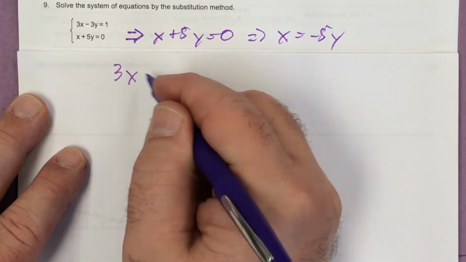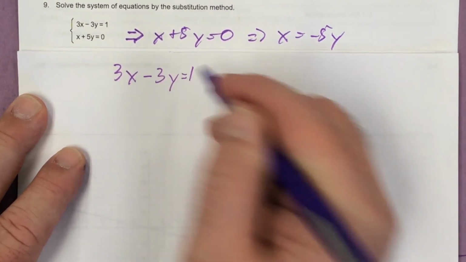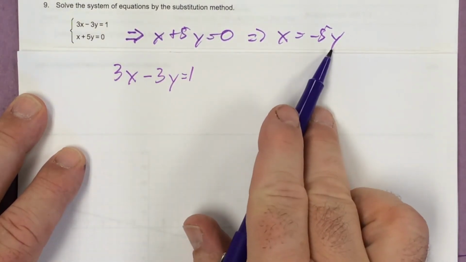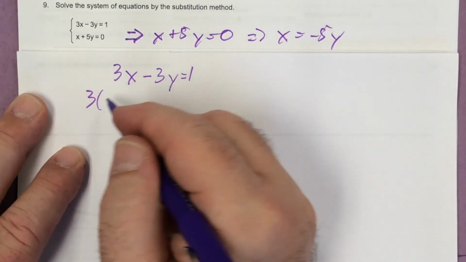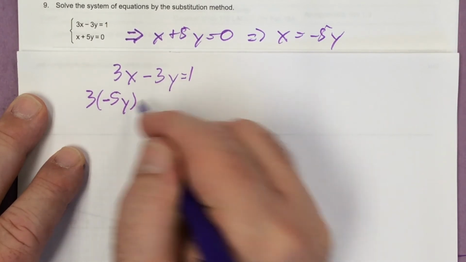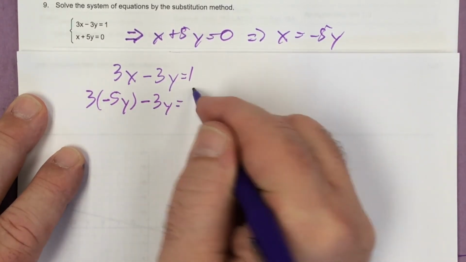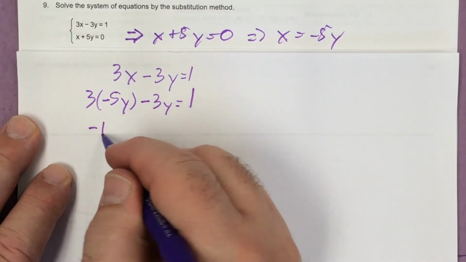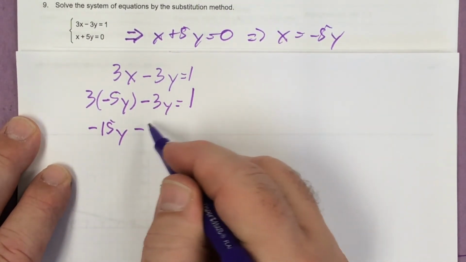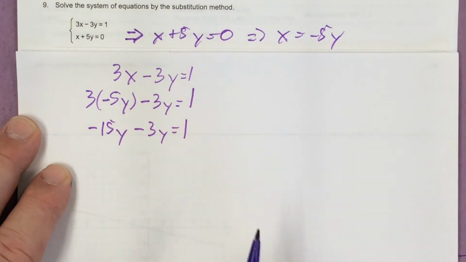So if I'm given 3x minus 3y is equal to 1, I'm going to put this value of x in for here. So it's going to be 3 times negative 5y minus 3y is equal to 1. So this is going to be negative 15y minus 3y is equal to 1.